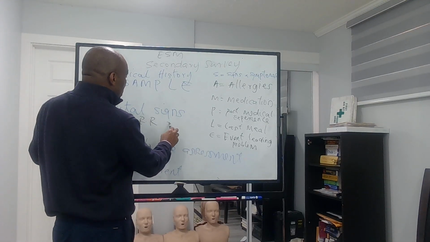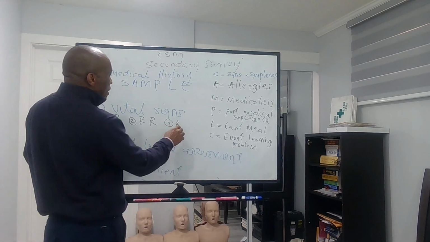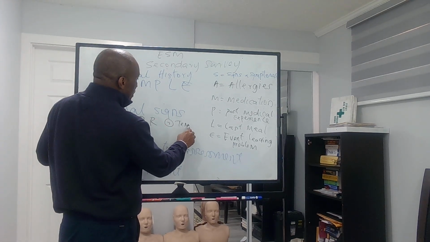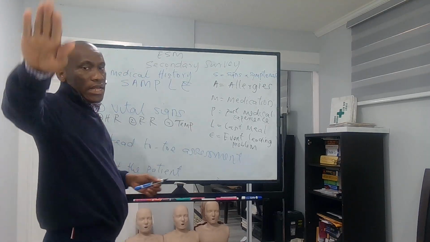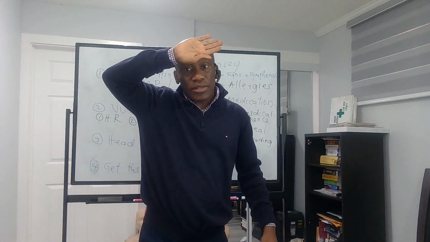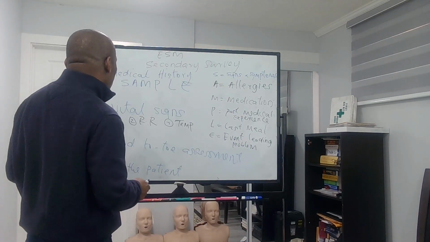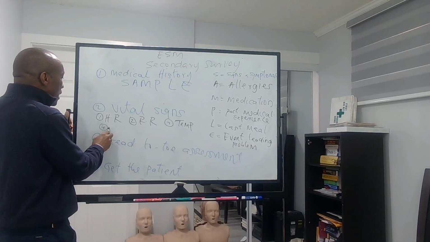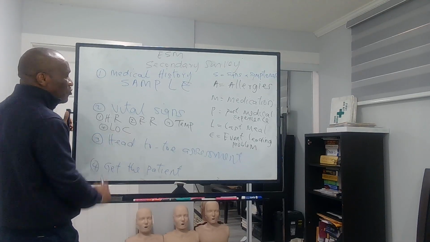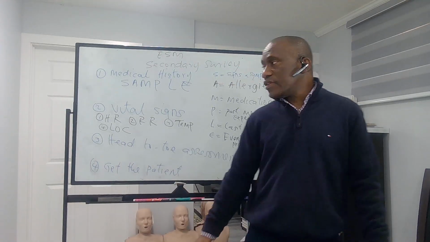That is another thing you do here. Number 3, you also do temperature. Again, you don't need any equipment here. All you need is the back of your hand and permission. Is it okay if I feel your temperature? So how does it feel? And then number 4 is what they call level of consciousness, LOC.